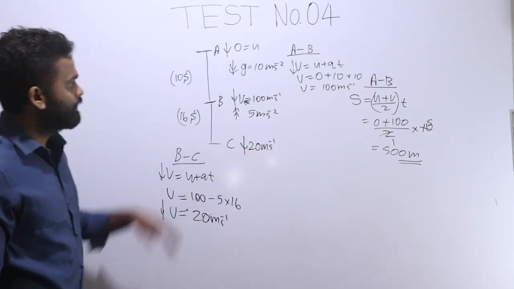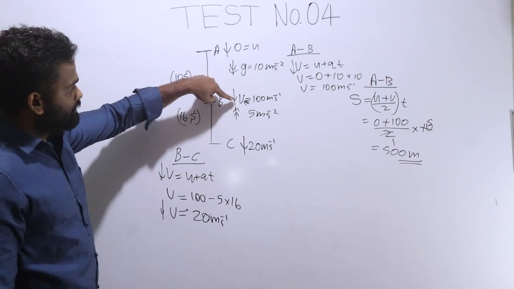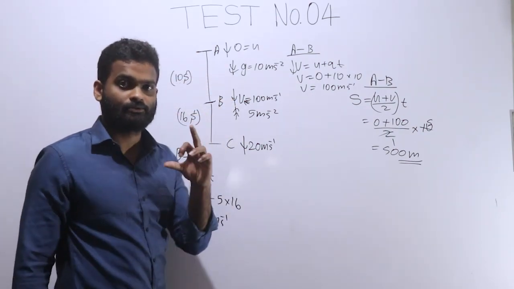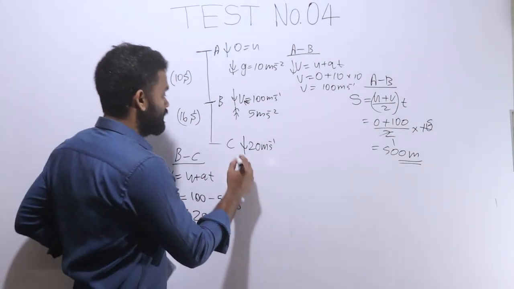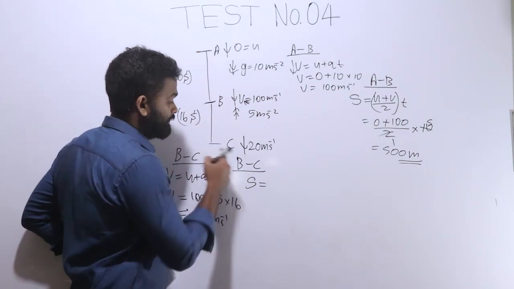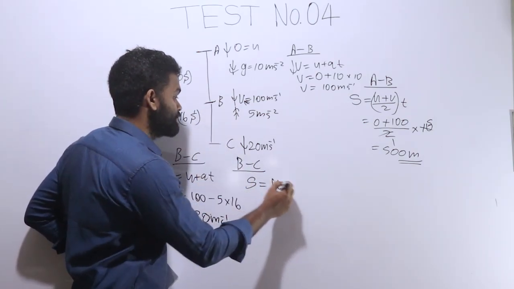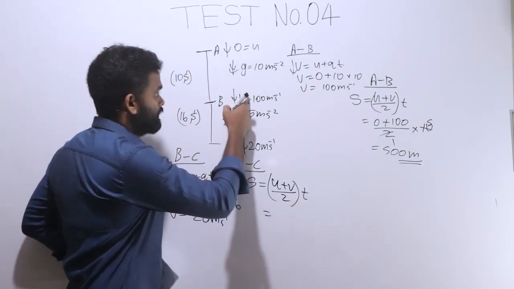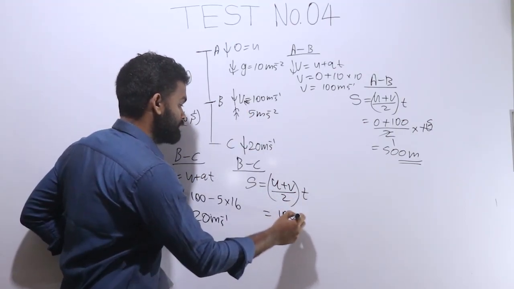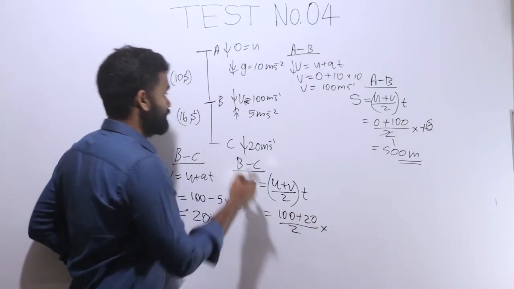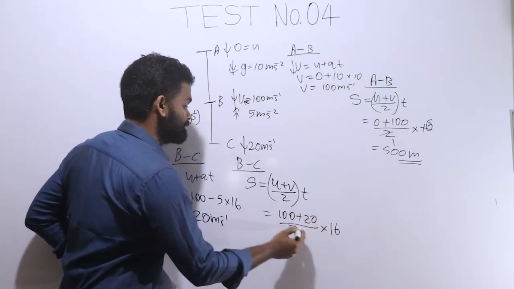Okay. So now we know the velocities at B and at C and the time between those two points. Then I can apply between B and C. We need to find the distance using this equation. Initial velocity is 100, here the velocity is 20, divided by 2, times the time 16.